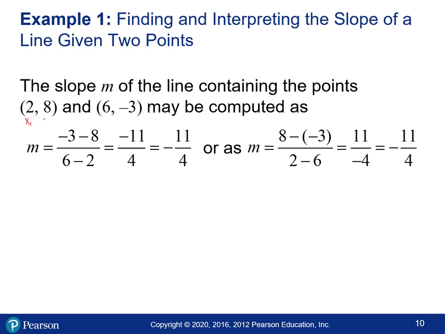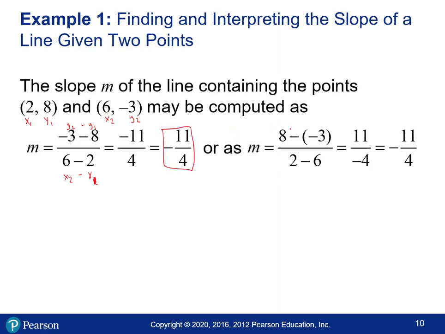So let's say this is my first point, x1, y1, and then let's say this is my second point, x2, y2. When I plug them into my slope formula, this is y2 minus y1, this is x2 minus x1, and notice my answer is negative 11/4.